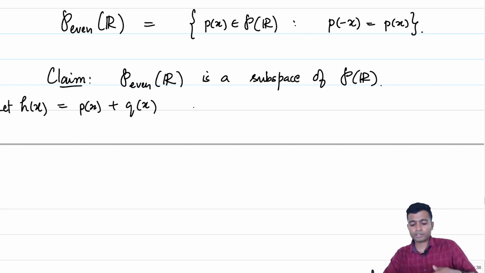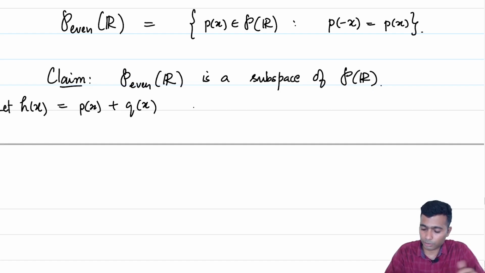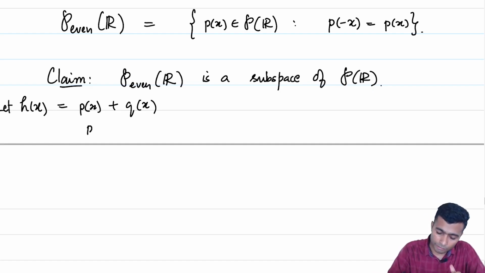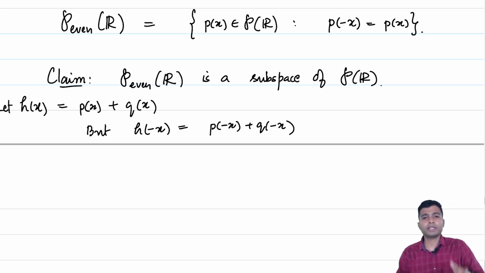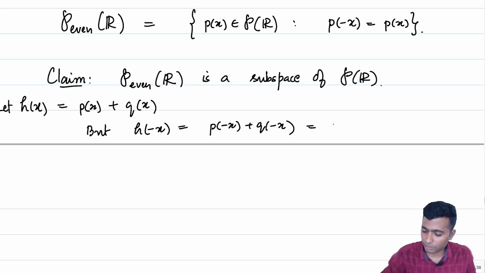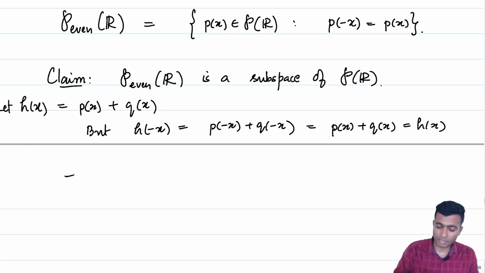We want h of x to be in P even of R. That will happen when h of minus x is equal to h of x. But h of minus x is equal to p of minus x plus q of minus x. Both p and q belong to P even of R, hence this is p of x plus q of x. But what is this? This is exactly equal to h of x. And this implies that h also belongs to P even of R.